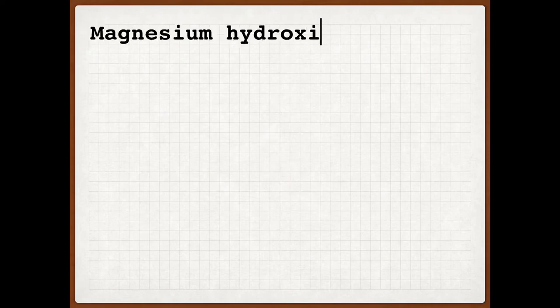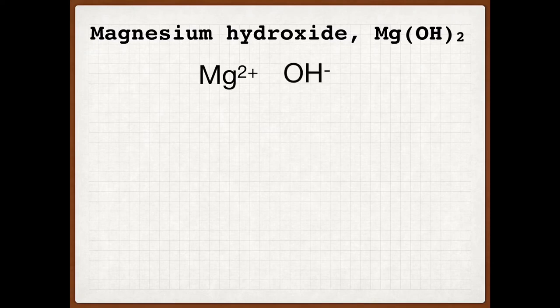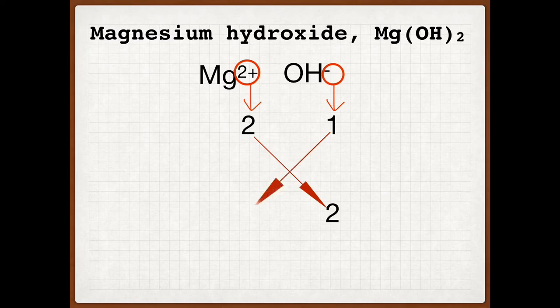Next is magnesium hydroxide. It involves magnesium ion and hydroxide ion. Bring down the charge +2 and -1. We cross the number 2 and 1. So how many magnesium ion involved?